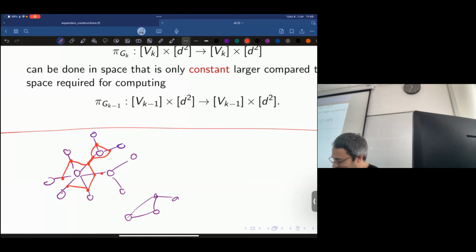It's kind of a replacement of the line graph with the cycle. What you really do is, you take every edge, and on every edge you put two new vertices, one closer to one vertex and one closest to the other.